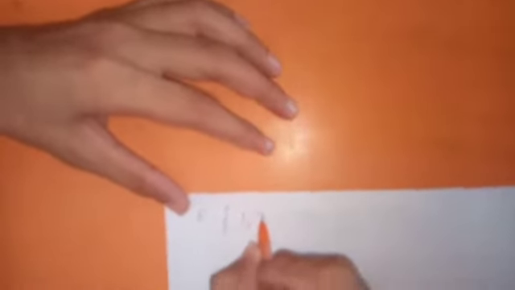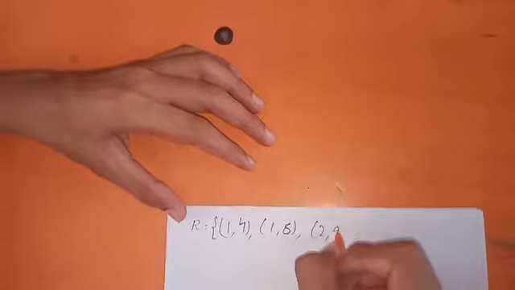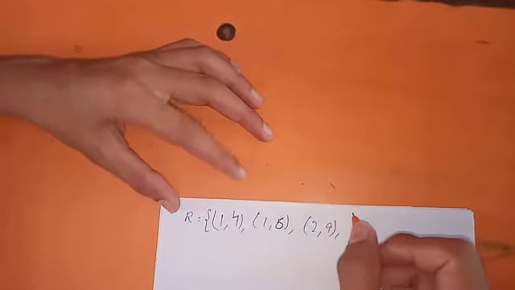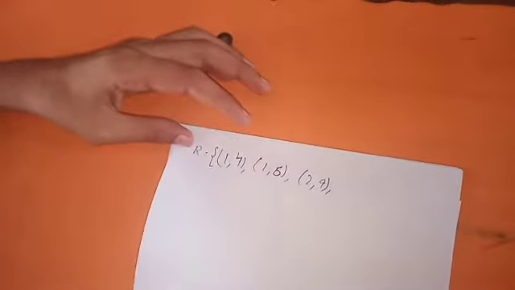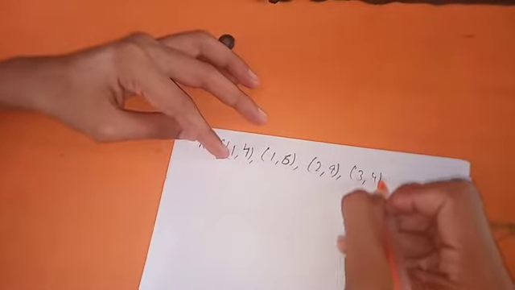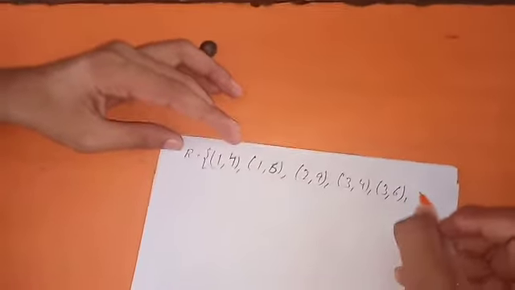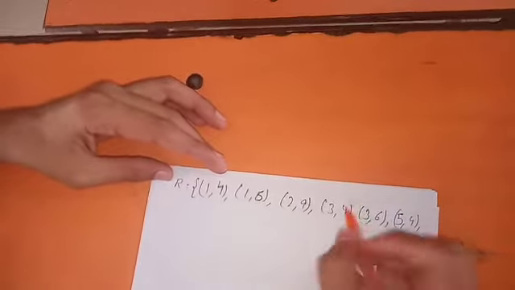And at last we will get our result of R. That will be (1, 4), (1, 6), then (2, 9), and then we get (3, 4), (3, 6), and then (5, 4), (5, 6).